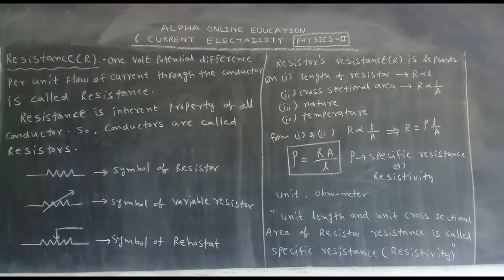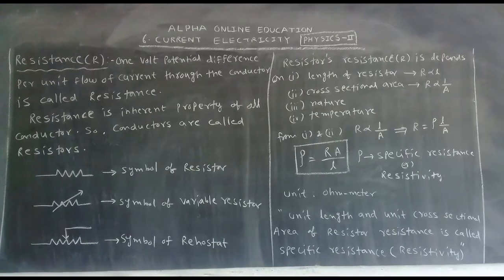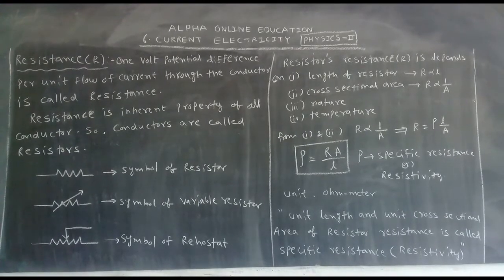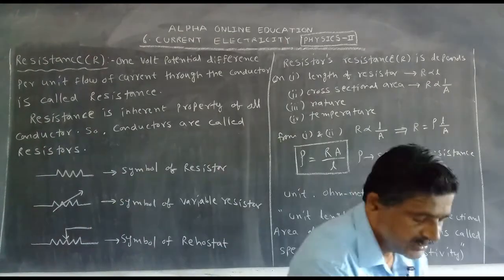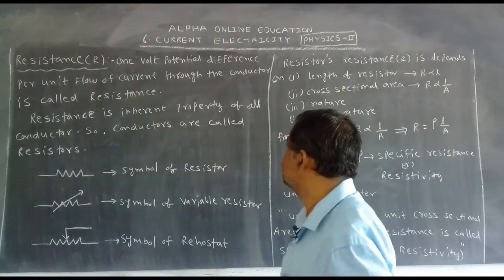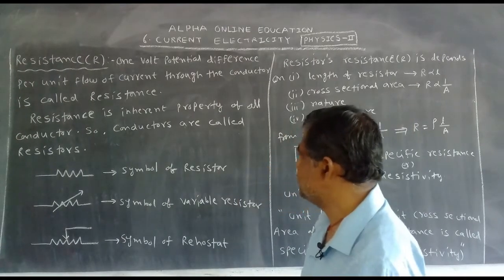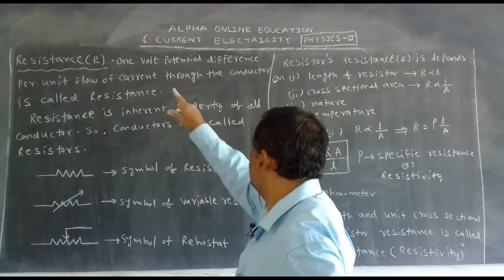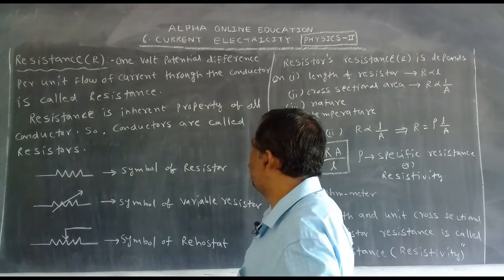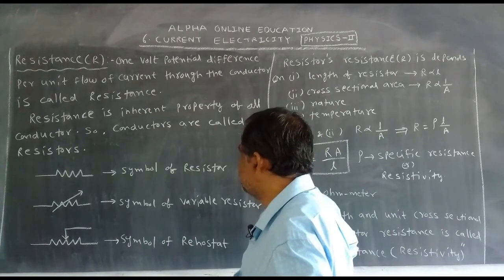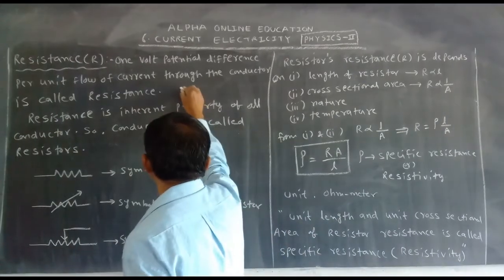Now, what is the resistance? 1 volt potential difference per unit flow of current through the conductor is called resistance. We know the equation for the resistance.